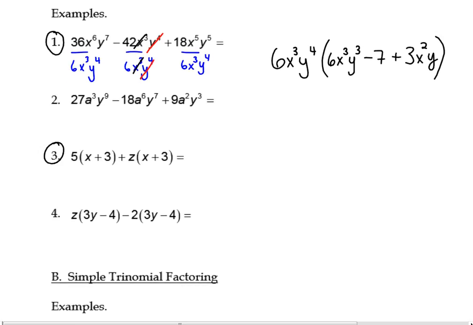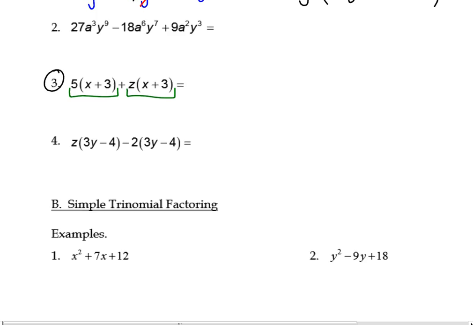let's look at 3. What is my GCF here? So think of this as one term, and this guy is one term. What do they have in common? Not just 3. X plus 3. They have the binomial of x plus 3. So x plus 3 is actually my GCF. That's what we're going to factor out.